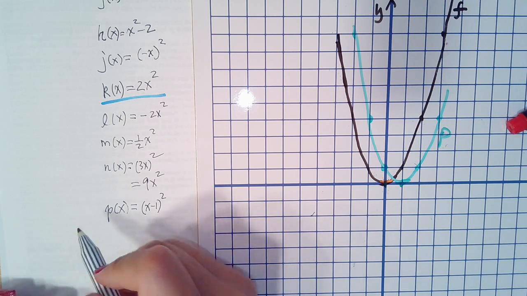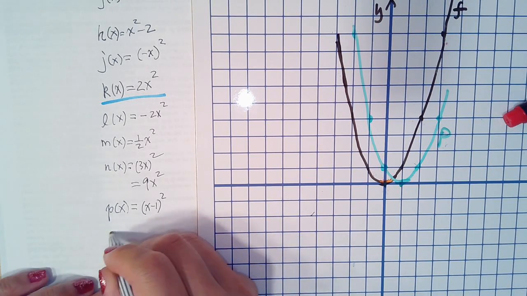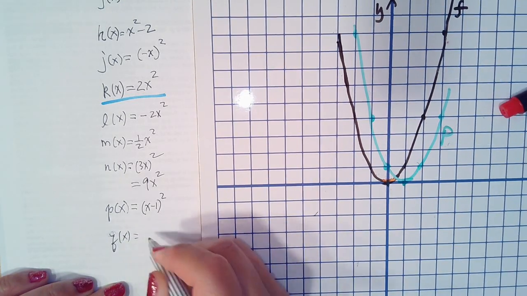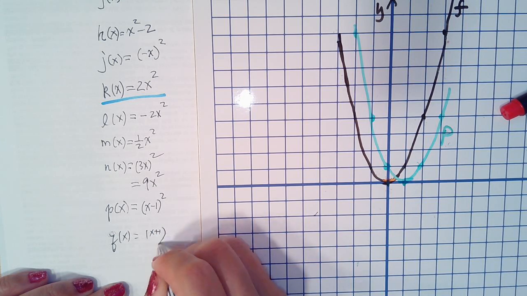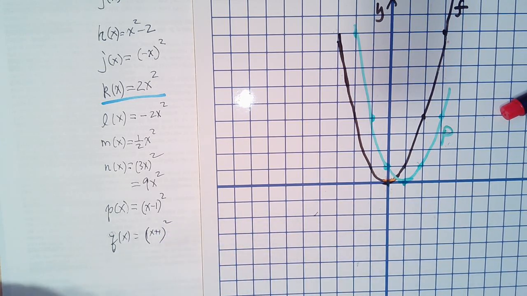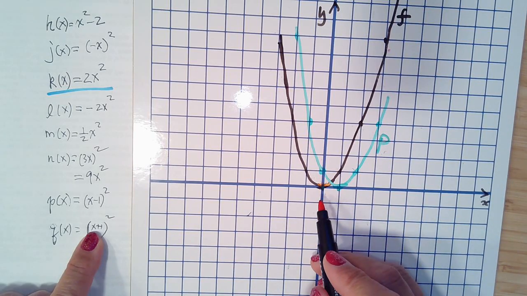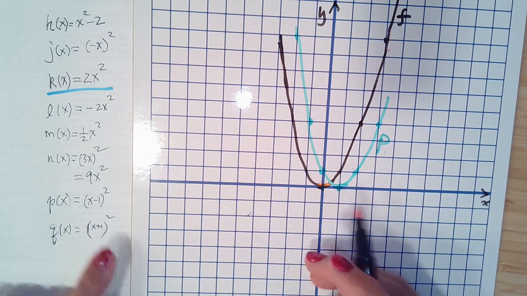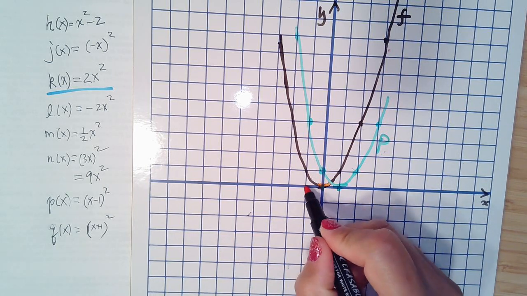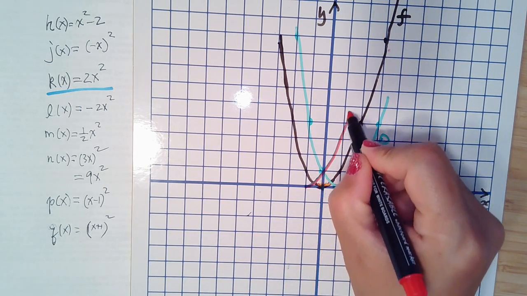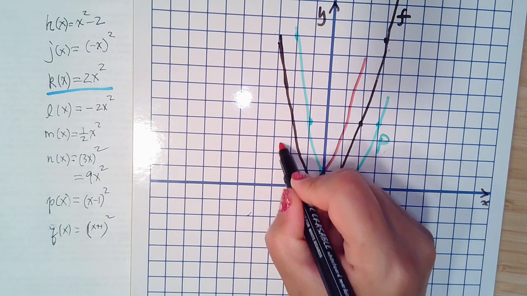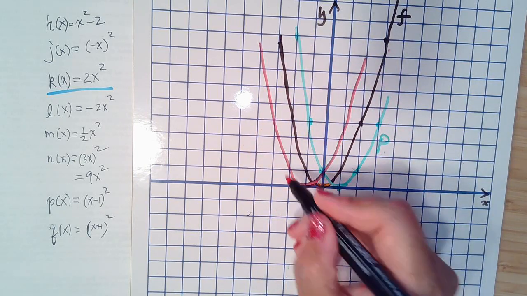Q of x equals x plus 1 squared. Can you imagine? That would be shifting the parent function graph. Here is a plus 1 after x, so you're going to shift to the left. Just very opposite. This is your Q.